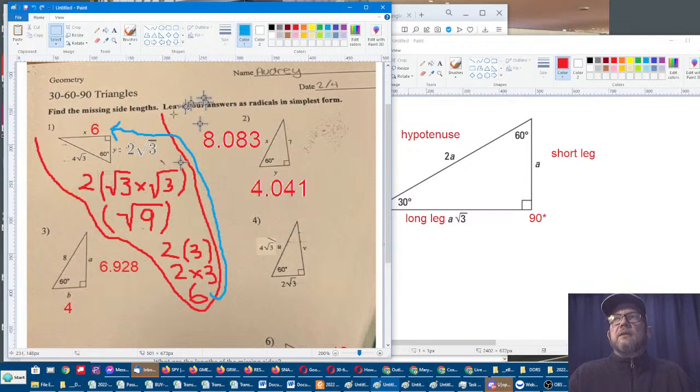Oh, I got it. Now, this is your A. If you're looking at this, that's your A, your short leg. The whole thing multiplied by square root of 3 based on this formula.